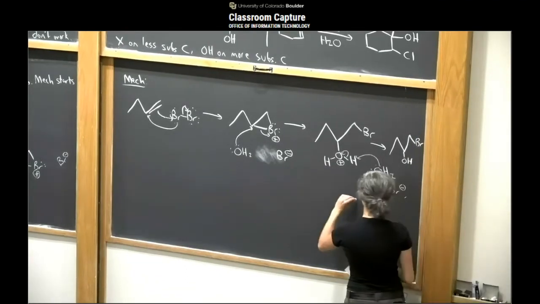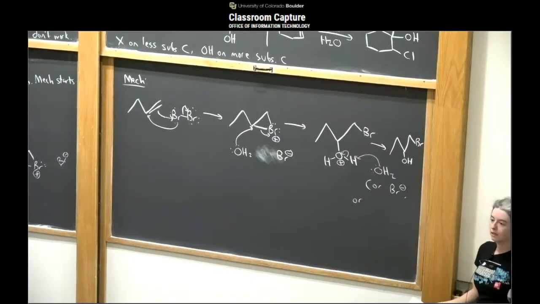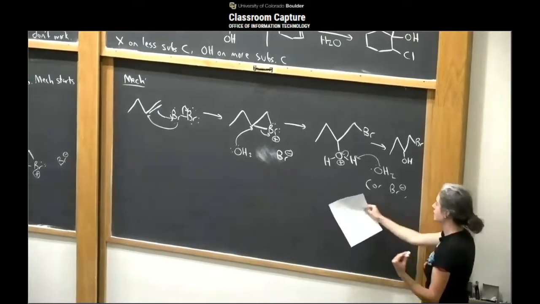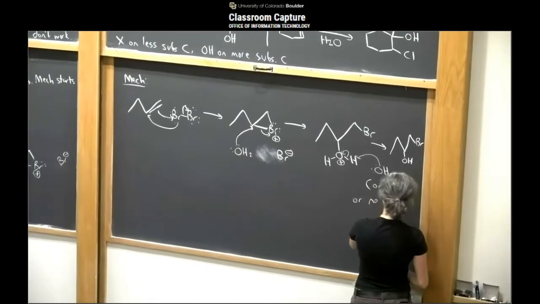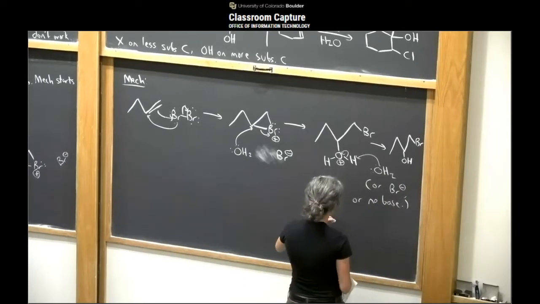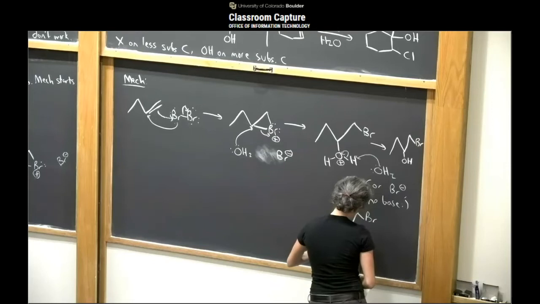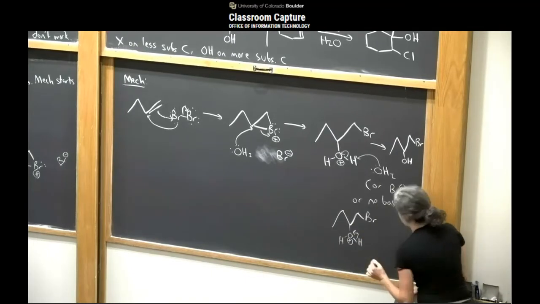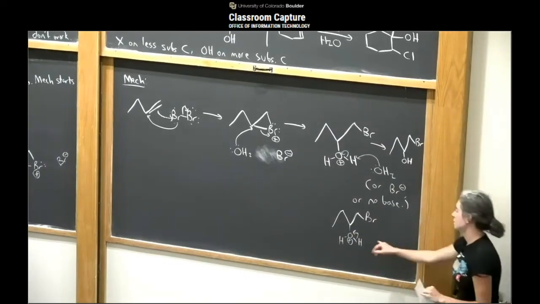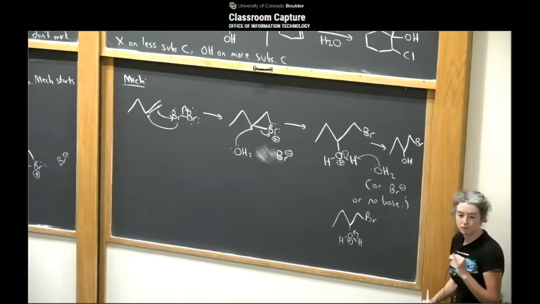Or I am also okay with you showing no base coming in and doing this, which would actually end up looking like just that bond breaking and the H sort of drifting off into space with no electrons of its own.